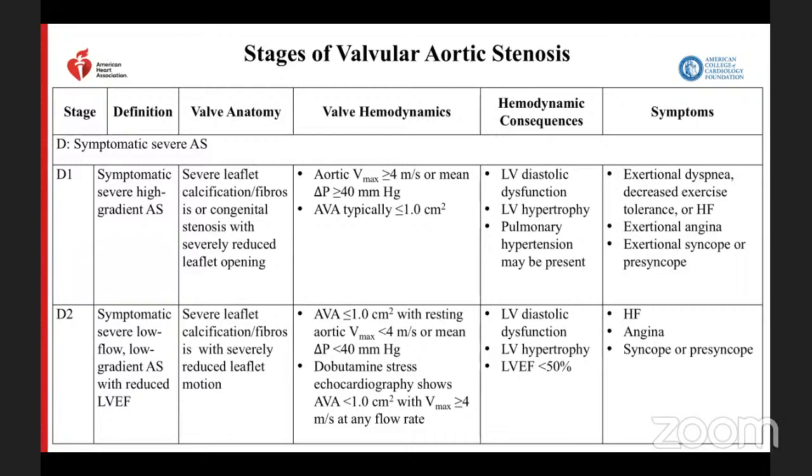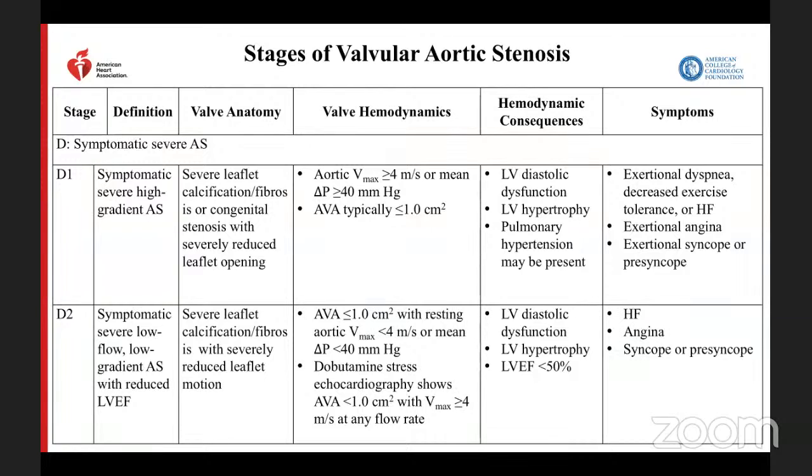D2, which is symptomatic severe low flow, low gradient AS with reduced LV ejection fraction, the patient will have the same valve anatomy as D1. For the valve hemodynamics, the aortic valve area will be less than 1 centimeter with resting aortic velocity less than 4 meters per second or mean gradient pressure less than 40.